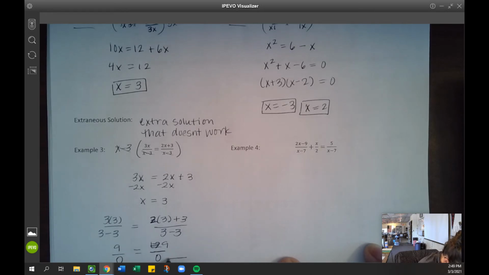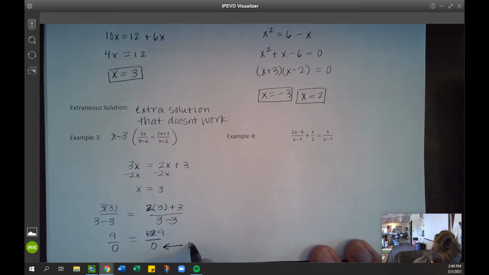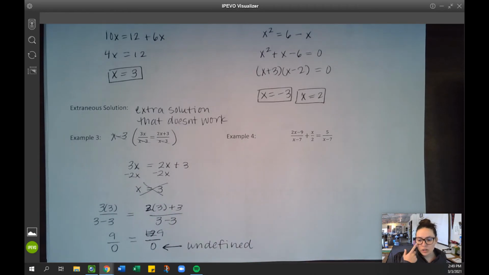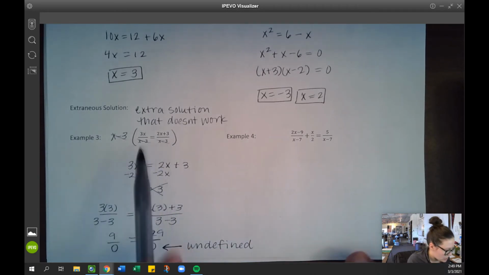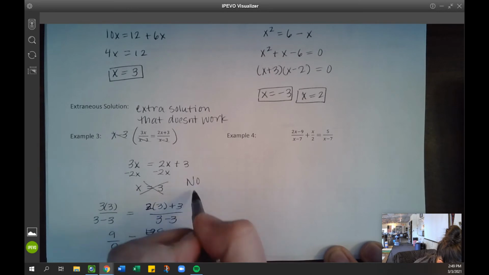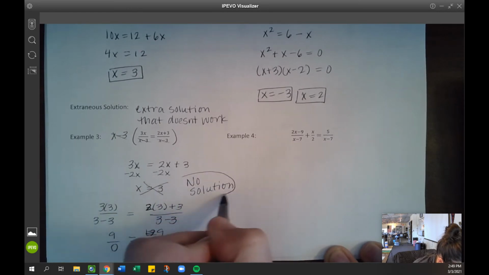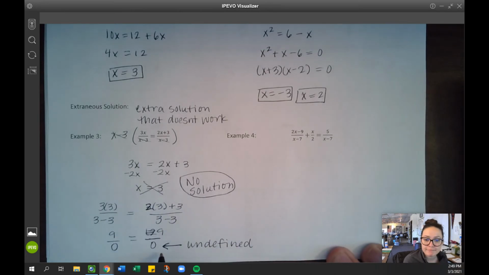However, anytime you get a denominator of 0, remember, denominator of 0 means undefined. So x equals 3, it's not going to work out. So this equation actually has no solution because the one solution that we found, it doesn't work.